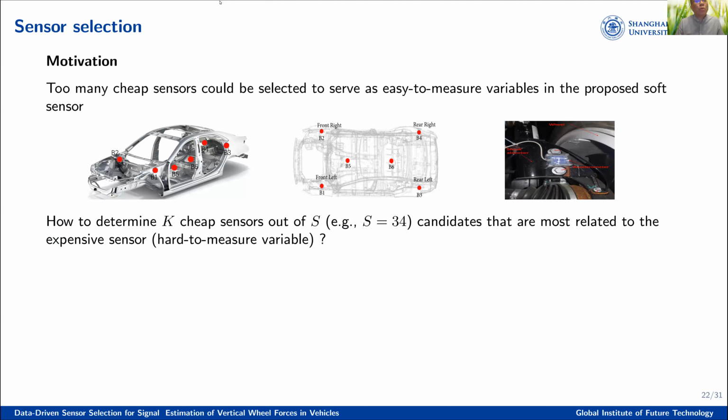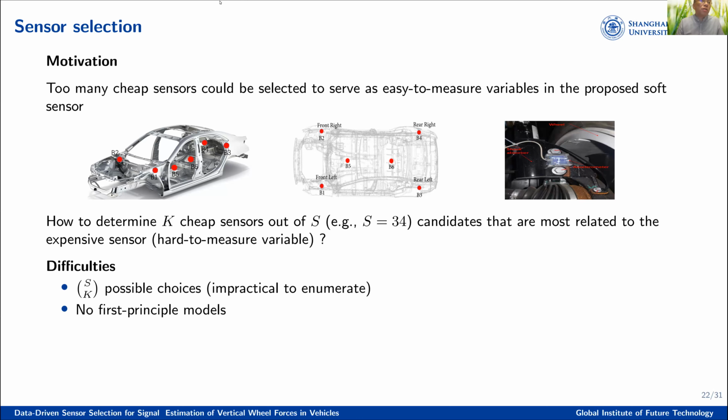Basically, in our current setup, we have 34 different types of candidates that can be selected to predict the expensive sensor. But the question is, do we need that many sensors? 34? We don't know. So we need to decide whether we can reduce this number. We can choose, for example, K out of S.